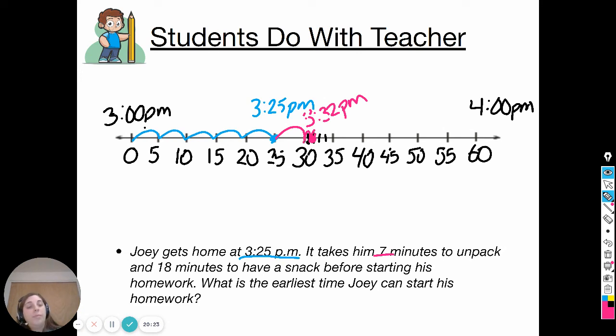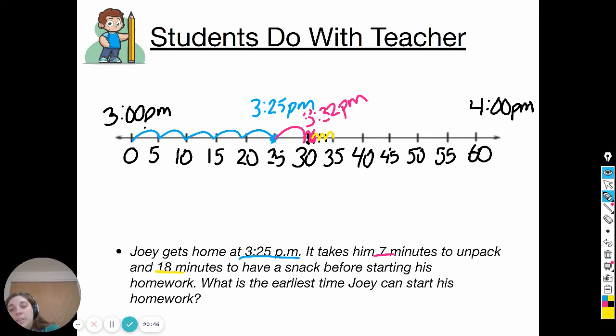Well, it's 18 more minutes to have his snack. So right now we're at the second dot. Let's get to an even number, okay? Let's get to one of our big hash marks. 1, 2, 3.